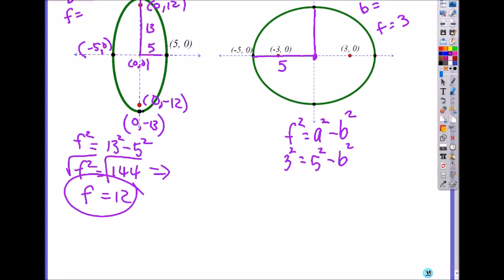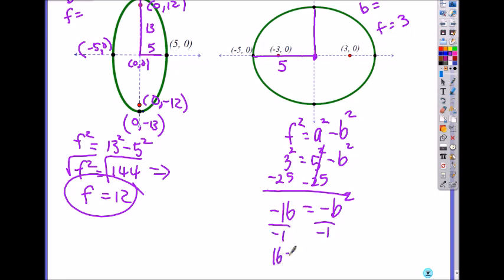So subtract 25, which is 5 squared. Then 9 minus 25 is negative 16 equals negative B squared. Get rid of the negatives by dividing by negative 1. I get 16 equals B squared. So when you square root it, B becomes 4.